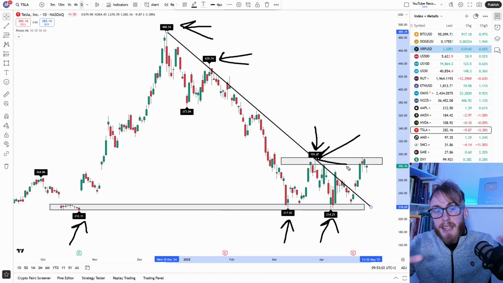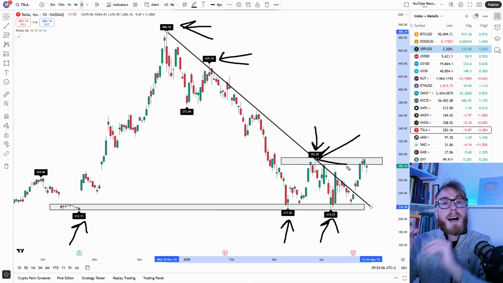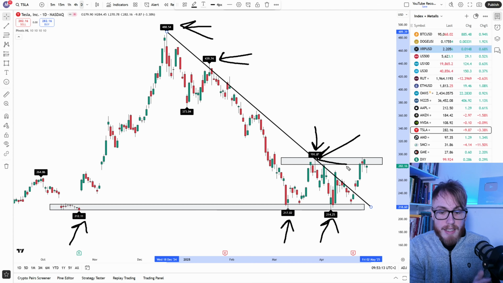So what this indicator basically does is that it helps us identify the most significant high and low points in the market. So we can then later on use these high and low points to find the most significant levels.